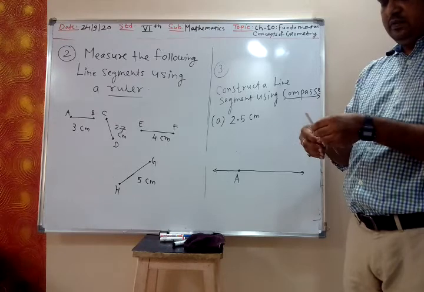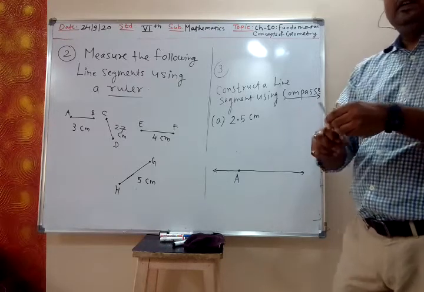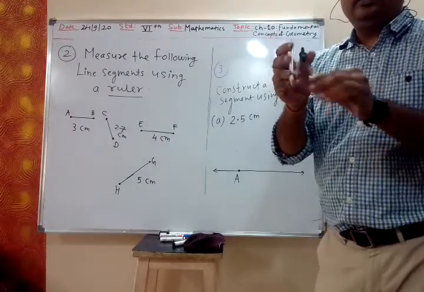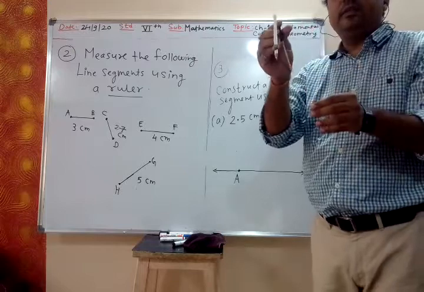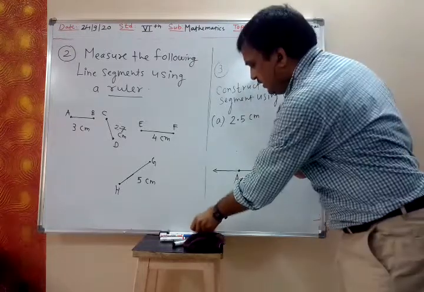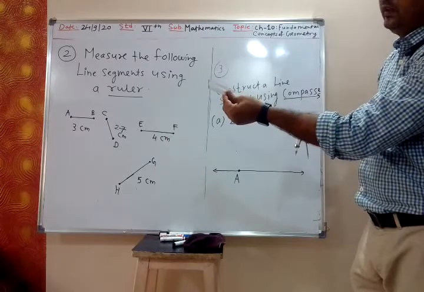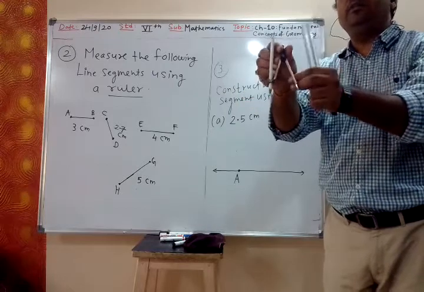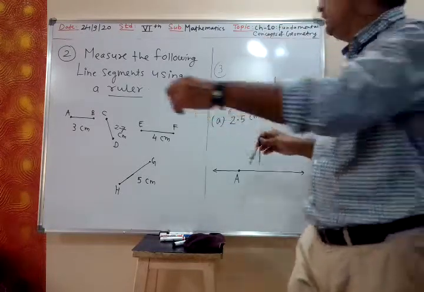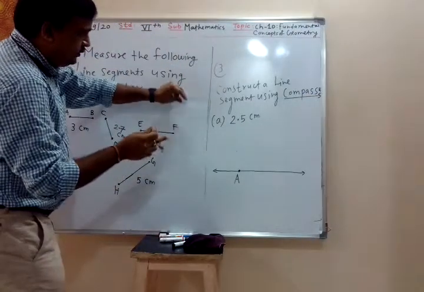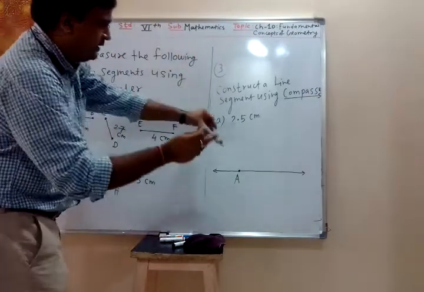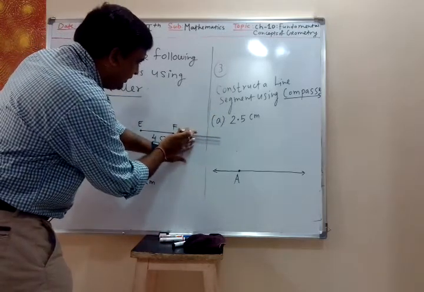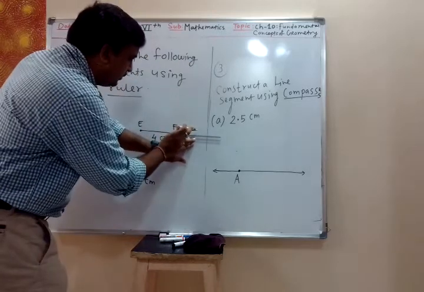Now you take the scale. You take the compass rounder with pencil in that and take the scale. What I will do now, I will keep the tip of this rounder at 0.